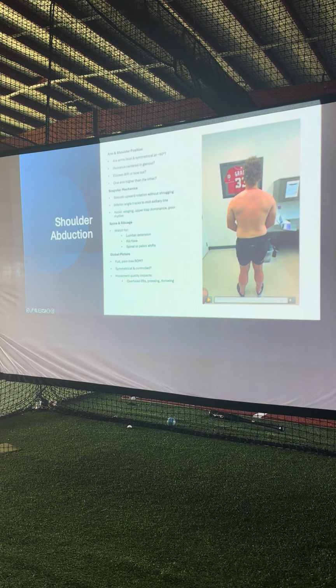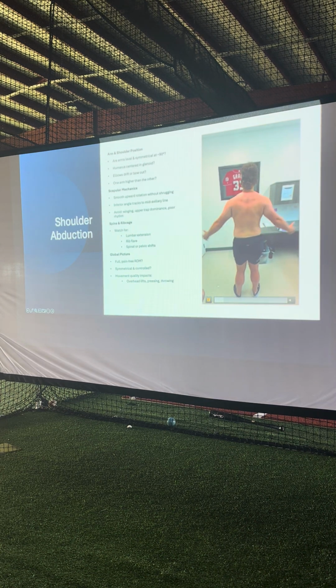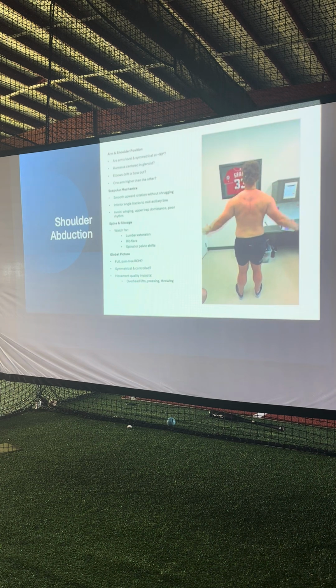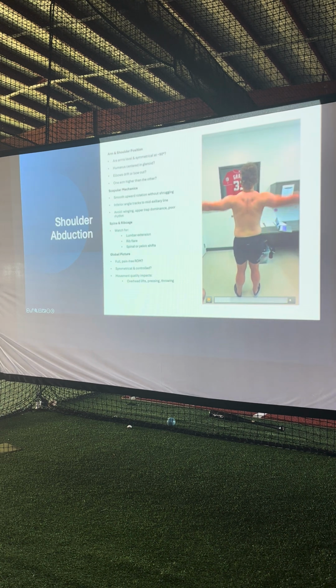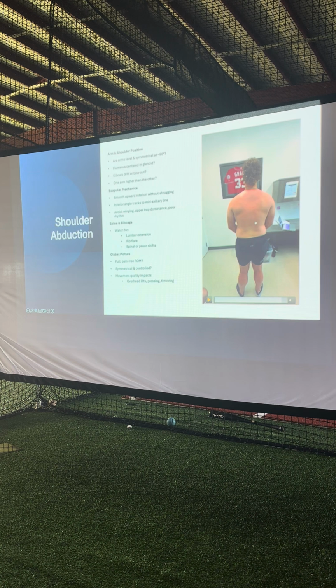Yeah, no, I think you're right. If I recall, I haven't seen this kid in a while. And you can also see the weakness here, and how dominant his upper traps are. You can even see as he goes up overhead, look at his upper traps versus as he comes back down, there's no density in here.